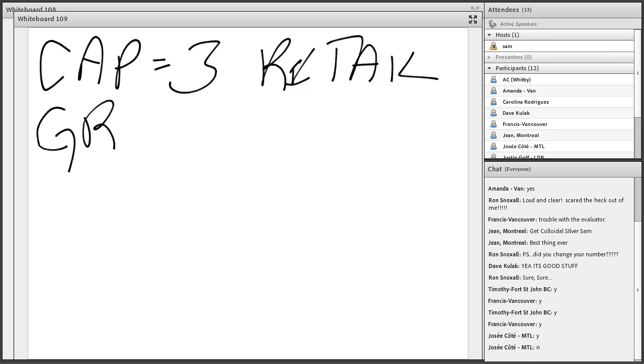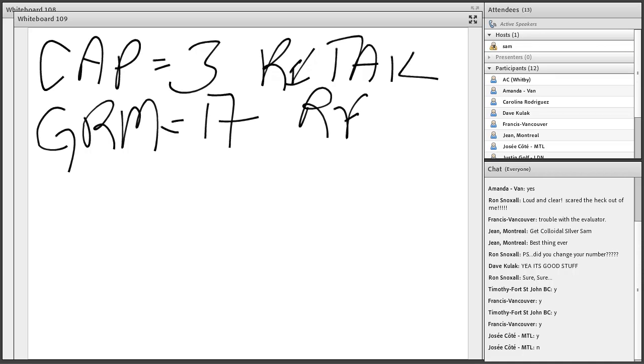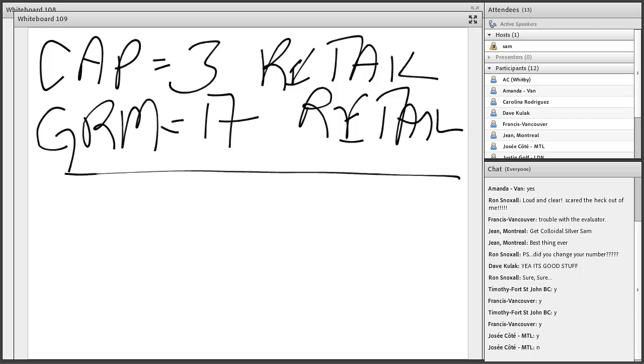A GRM of 17 is going to be retail. Right when you see a GRM of 17, you know you're in retail. Cap rate of 3 typically is retail. Now, we can look at certain areas, and certain areas might have ranges of, say, 2 to 4 in the cap rate range.